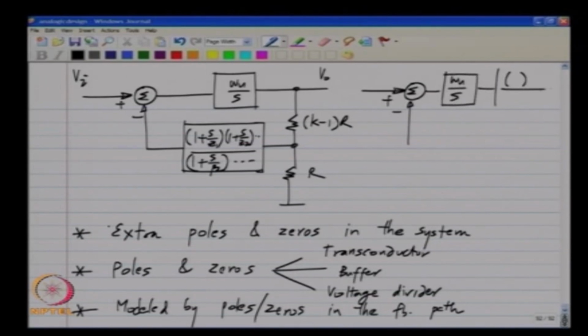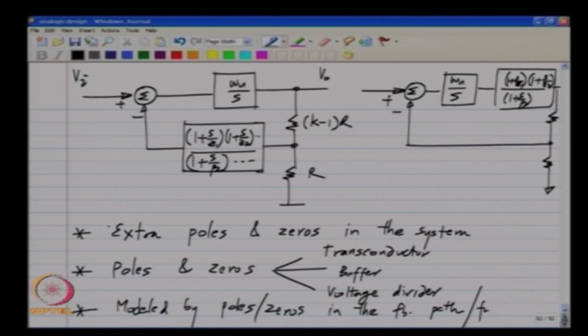Because what we are looking for is the effect of the poles and zeros in general terms, and we can do it also in the forward path like that. So, for the sake of convenience, I will use this particular model, but you will reach the same conclusions whether you use that one or the other one.